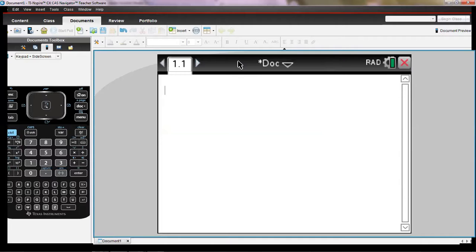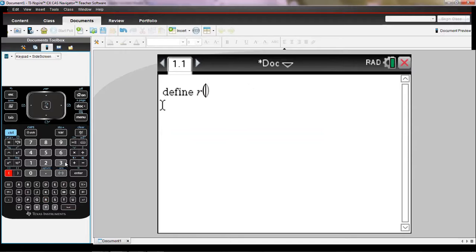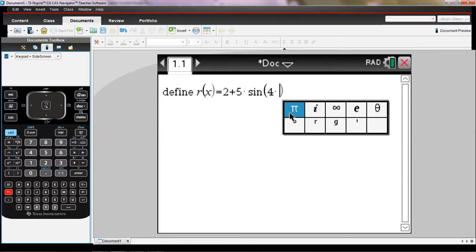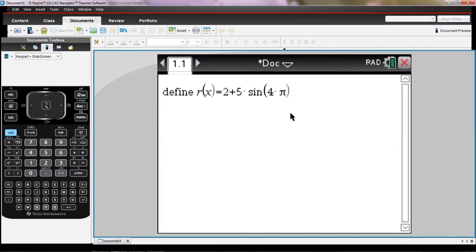I open my calculator and I'm going to define the function R. Define R of x equals, and I'm going to type 2 plus 5 times sine of 4 times pi times x, in this case, divided by 25.